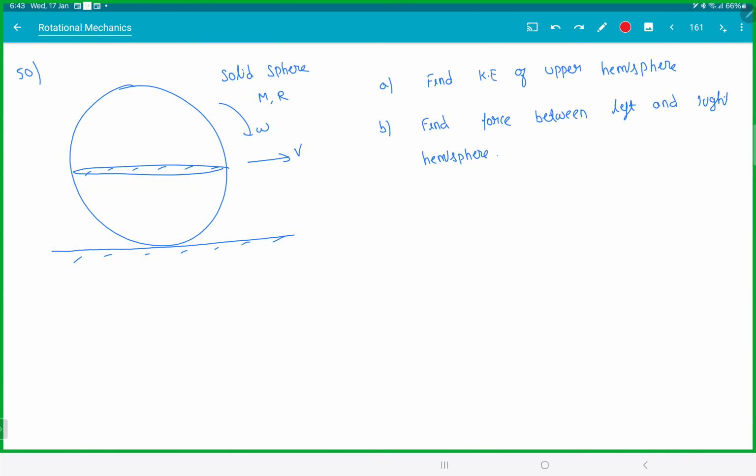Is the question clear? You have a solid sphere rolling on the floor. Find the kinetic energy of the upper hemisphere and the force between the left and the right hemisphere.